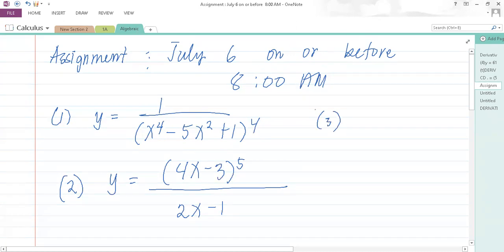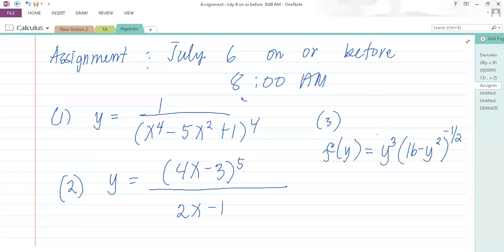That is 1, 2, and last. So for number 3, that is okay. So kindly copy your assignment or kindly screenshot.